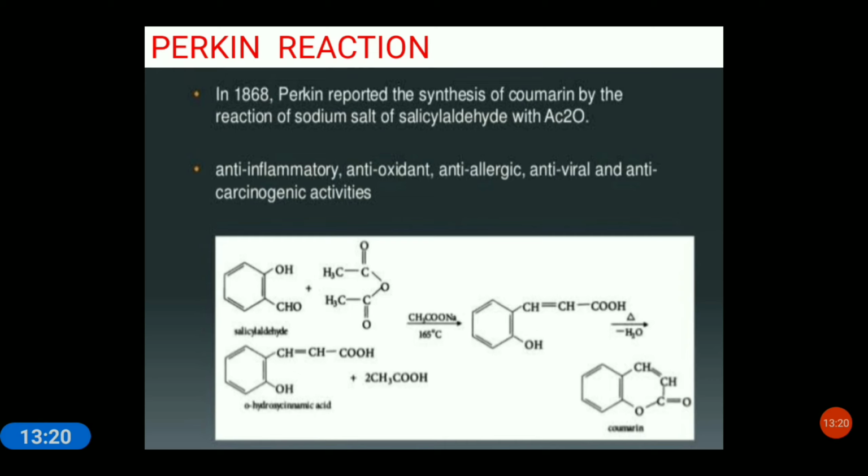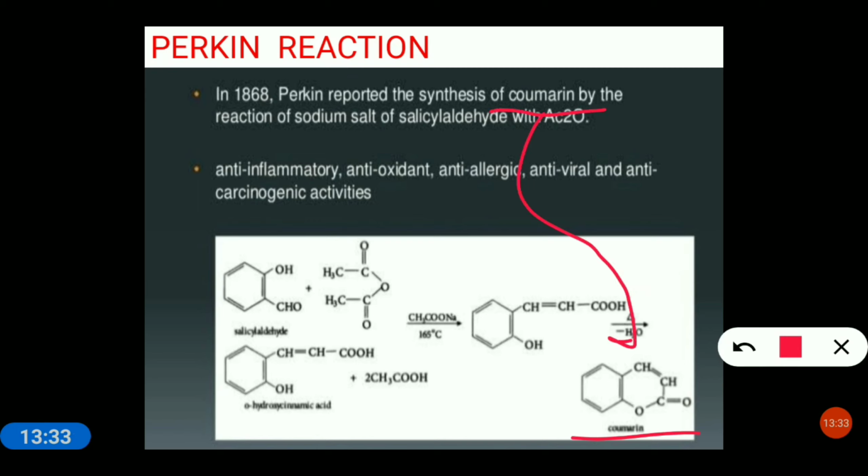These are the two reactants for the Perkin reaction, which gives rise to the coumarin product. This is the intermediate, and it undergoes cyclization and forms the product.